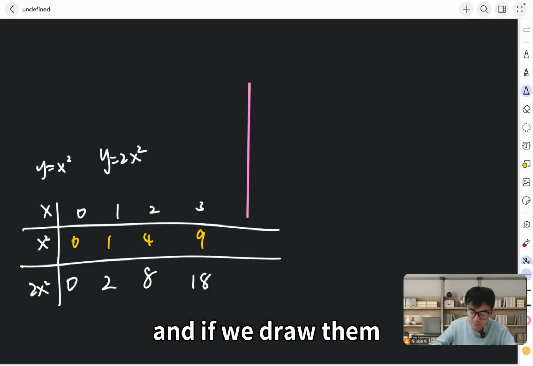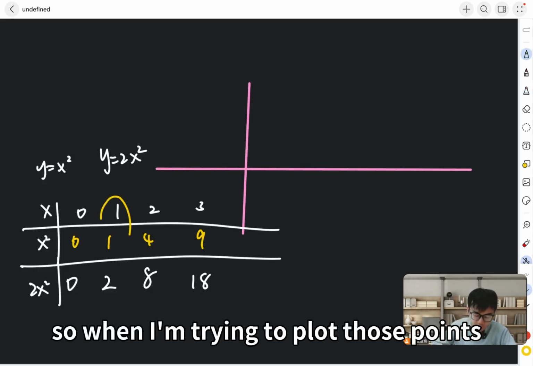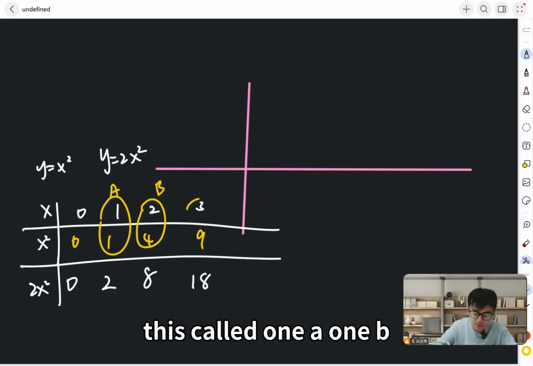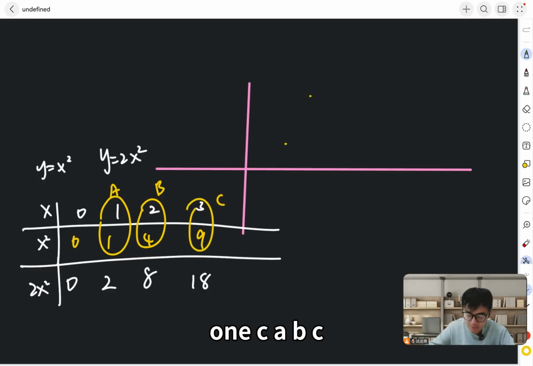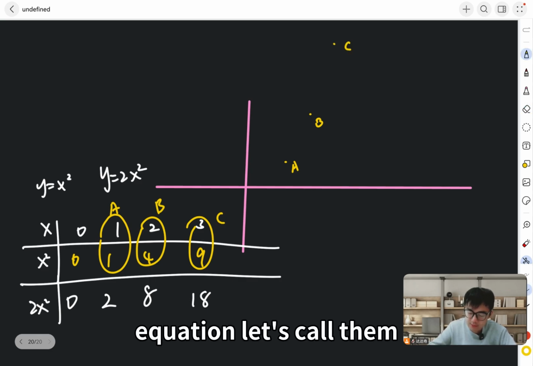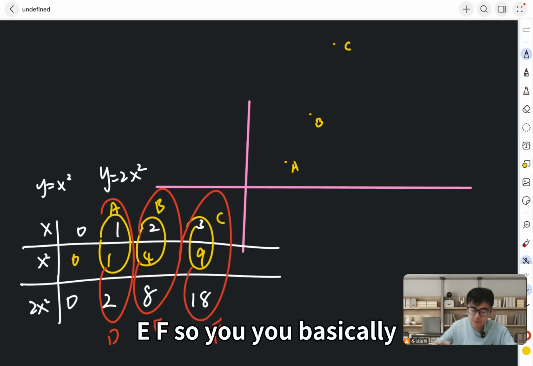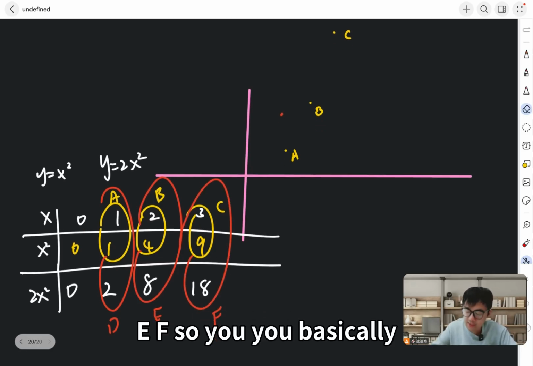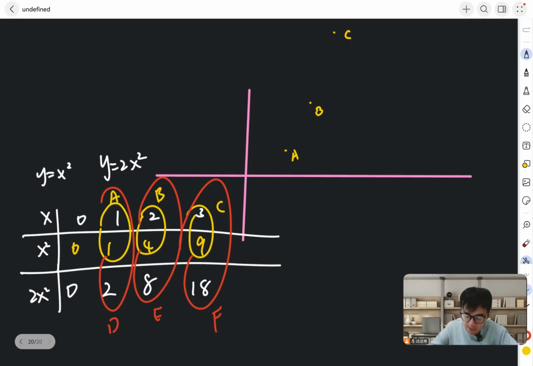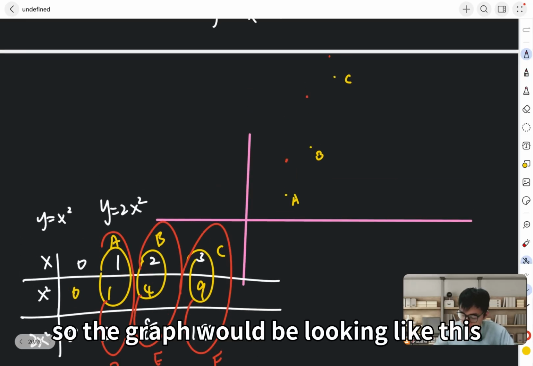And if we draw them in the same graph, when I'm trying to plot those points, this is called point A, point B, point C, A, B, C. And for the second equation, let's call them D, E, F. So you basically double their y value. So the graph will be looking like this.